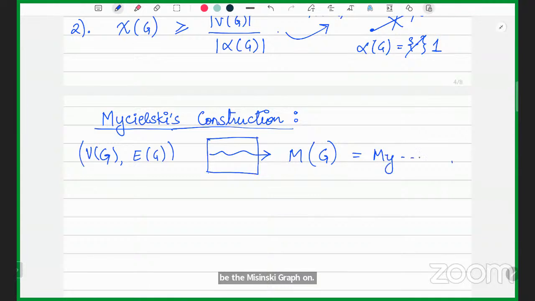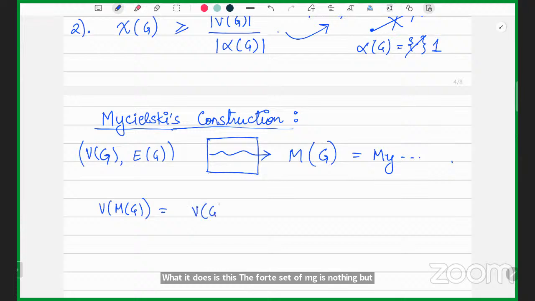What it does is this. The vertex set of M(G) is nothing but you repeat the vertex set of G, disjoint union the vertex set of G. So let's say every vertex which is labeled 1 here comes with a 1 prime here.